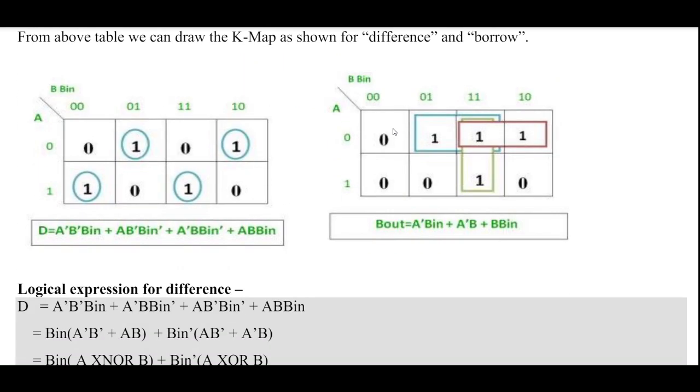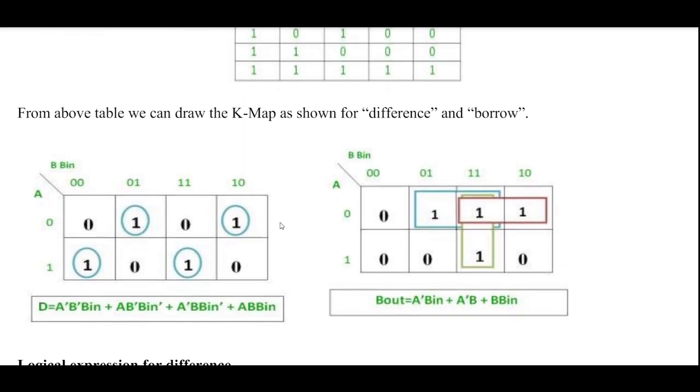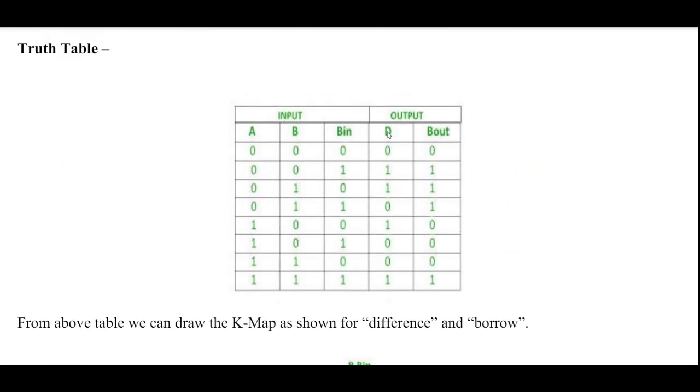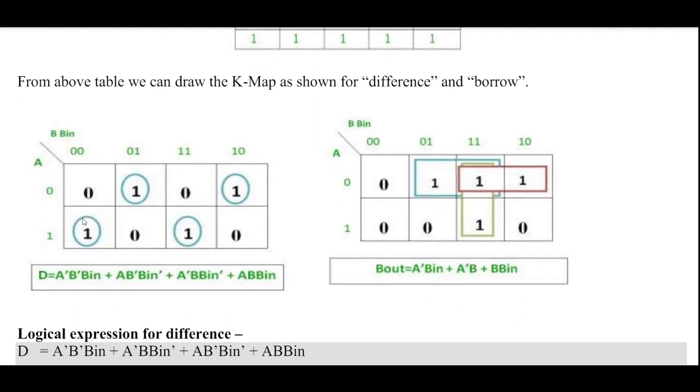So from the input and output you can construct the K-map like this. Here D is 1 four times, at 0 0 1, then 0 1 0, then 1 0 0, then 1 1 1.